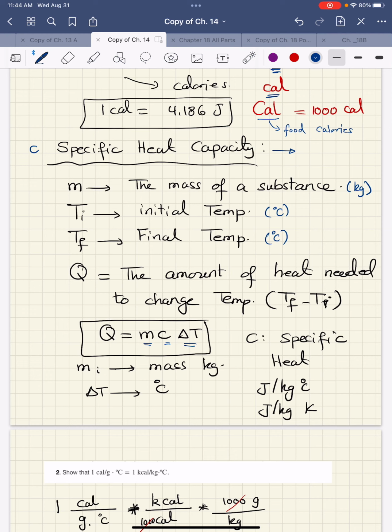Q is the amount of heat, the quantity of heat needed to change the temperature by this amount. For the specific heat, we have units of joule per kilogram Celsius or joules per kilogram Kelvin.